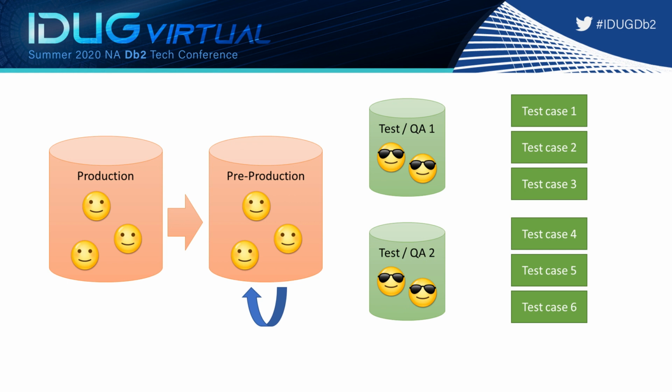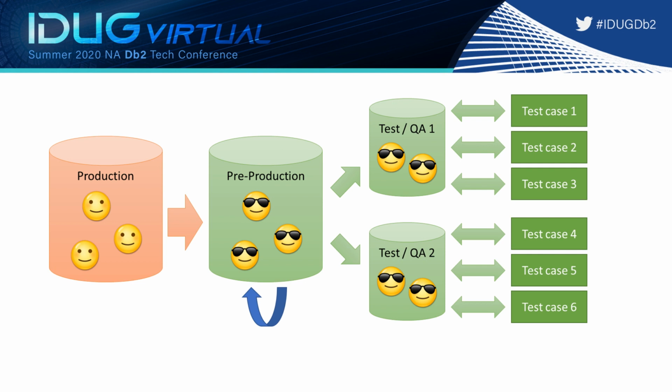The red arrow represents making a copy of unmasked data. Now in this case, this would be a cloning process that creates an exact copy of your production system and creates the pre-production. Initially, all the data in the pre-production looks exactly like the data in production. Nothing is masked. But now you want to apply data masking in this environment, and that's what the blue arrow is supposed to represent.